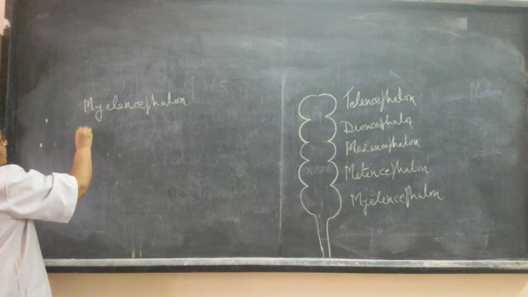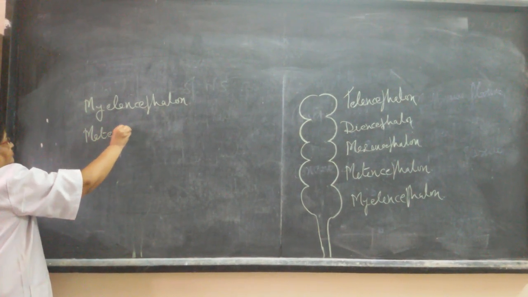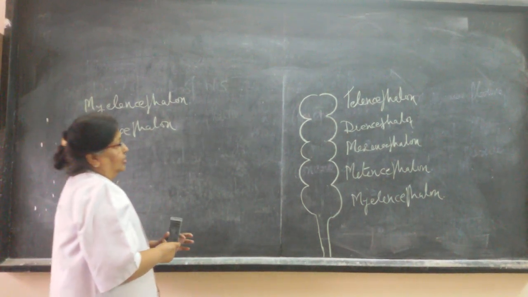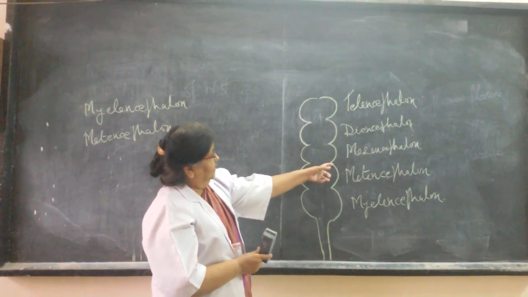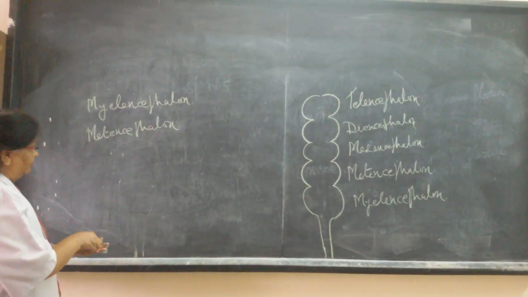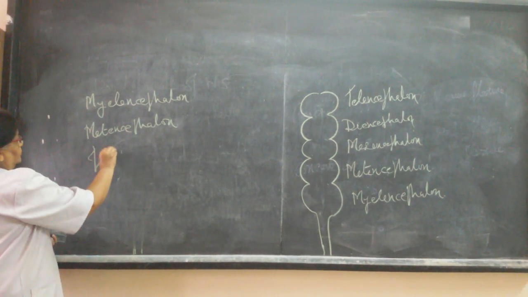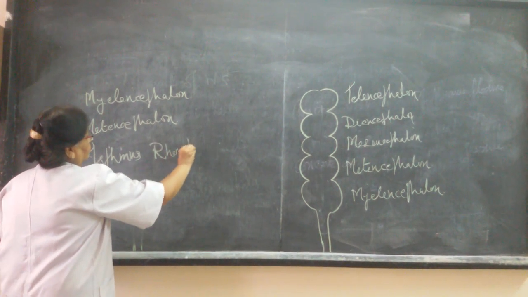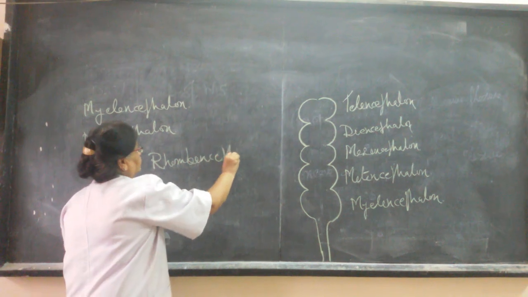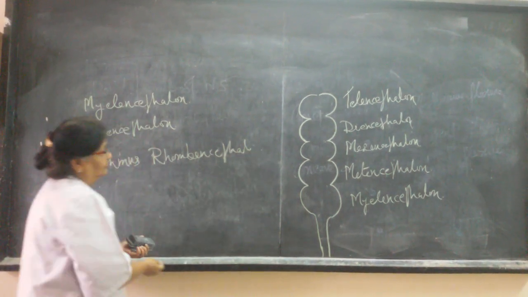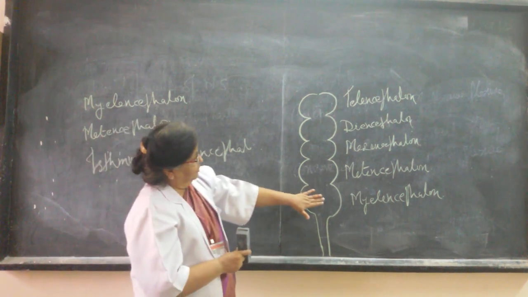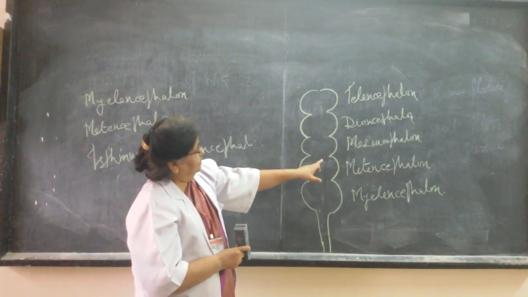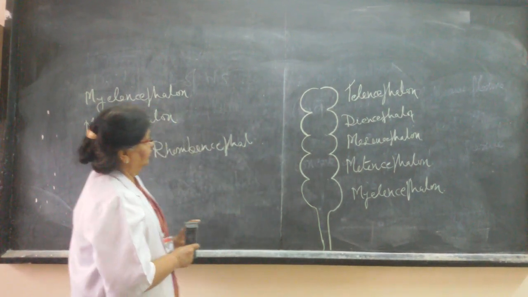Cranial to the metencephalon is the mesencephalon, and the constriction just caudal to the mesencephalon is known as the isthmus rhombencephali.